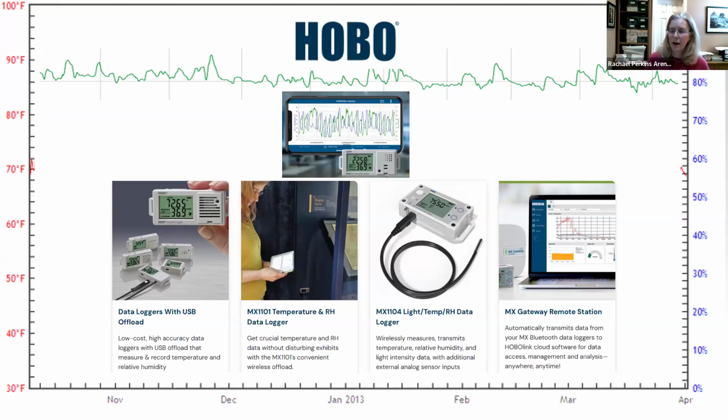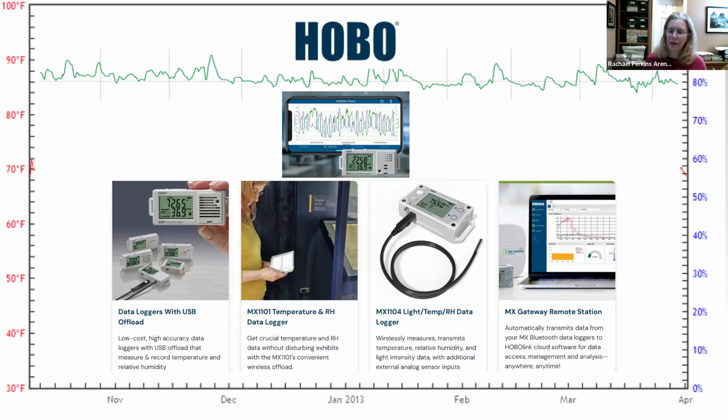Another series of products that have a long history in our field are the HOBO loggers. When I go and do assessments, I still see many generations of HOBO loggers in institutions. And so if you have ones that don't look like these here, and they're still chugging along, that's great. But what you're seeing here are the Bluetooth loggers.